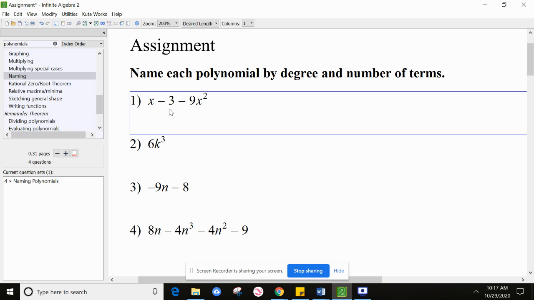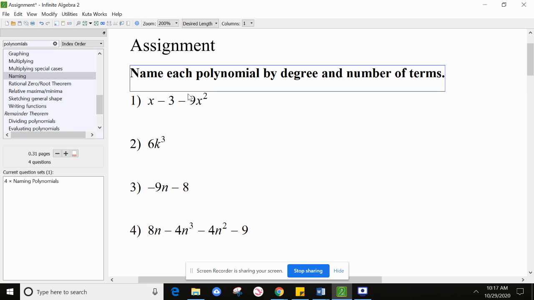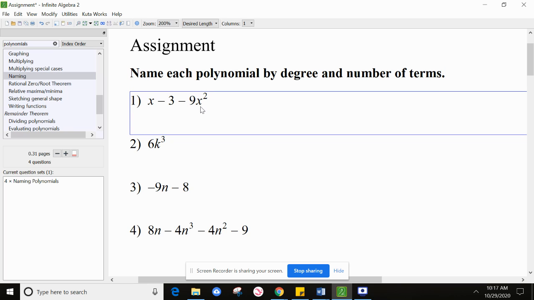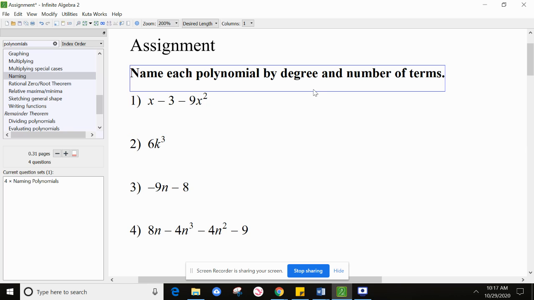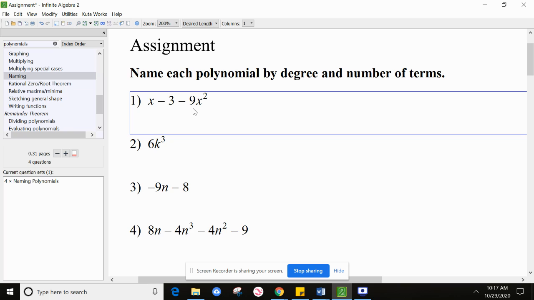If you wrote this in standard form, what would come first? The 9x squared. Actually, negative 9x squared. The highest exponent is 2. What do we call it when the highest exponent is 2? That is quadratic. And then the term number would be whatever 3 terms is. That would be a trinomial.